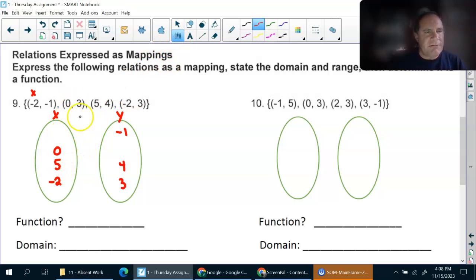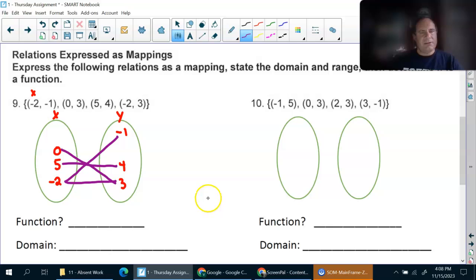So here's 0, and I'm going to draw a line to 3. The 5 goes to 4. The -2 goes to -1, and the -2 also goes to 3. So that's your mapping diagram.